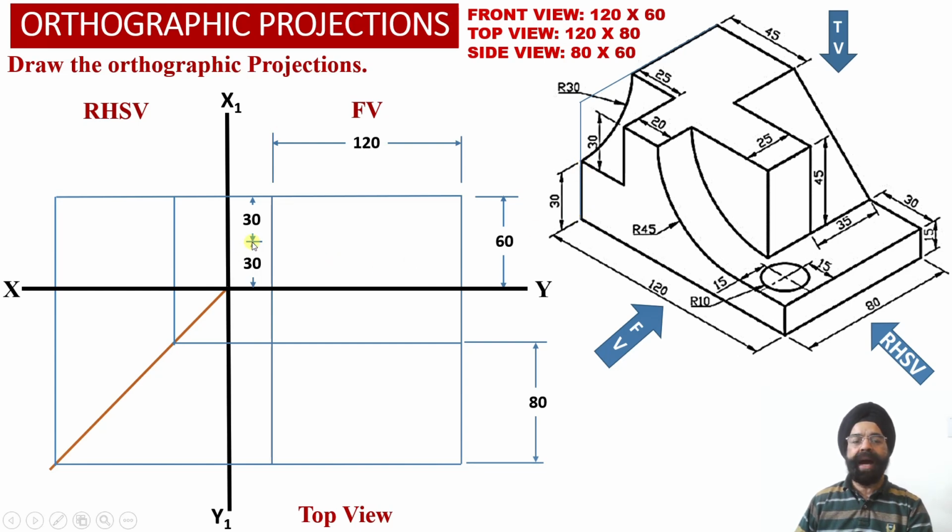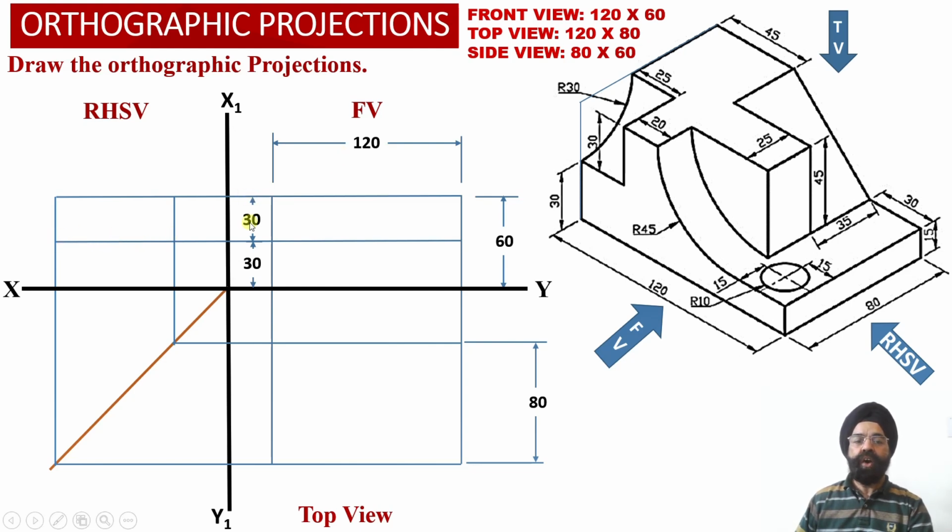So we have marked a distance of 30 millimeter from the base of the solid, and we have obtained a horizontal projector line into the front view projections, and this horizontal projector line we have extended into the right hand side view projections as well.